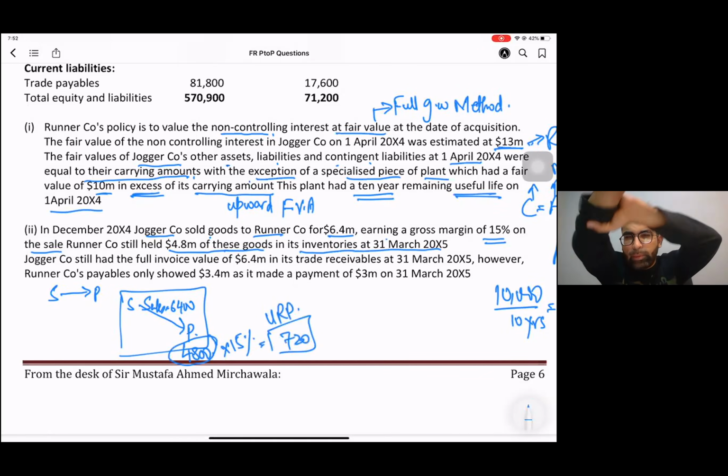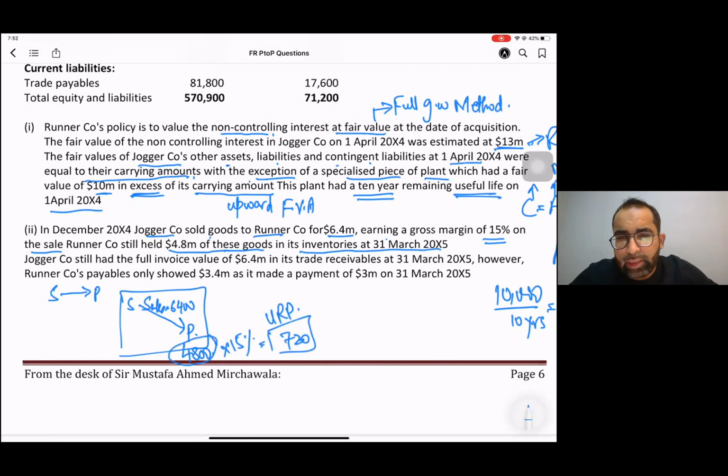Now, this is an S to P sale of inventory, URP is there, and it's a balance sheet question. You remember the steps? When this is an S to P sale, that means URP is booked by S company. So it is included in S company's profits, S company's retained earnings.